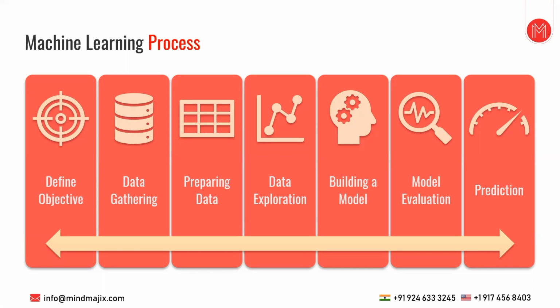EDA, or exploratory data analysis, is the brainstorming stage of machine learning. Data exploration involves understanding the patterns and trends in the data. At this stage, all the useful insights are drawn and correlations between the variables are understood. For example, in the case of predicting rainfall, we know that there is a strong possibility of rain if the temperature has fallen low.